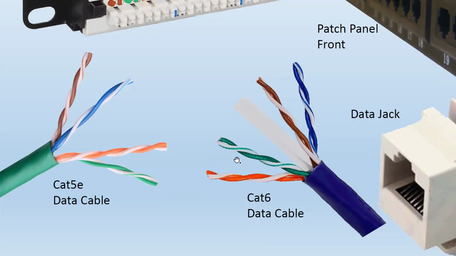So the pairs have their own twist, and there's also a twist as the pairs twist around each other, because the separator's grooves twist as it goes along. After a while, if you just touch that with your hand, you'll know it's not Cat5e. It's got to be Cat6. Also, it has that separator in there.